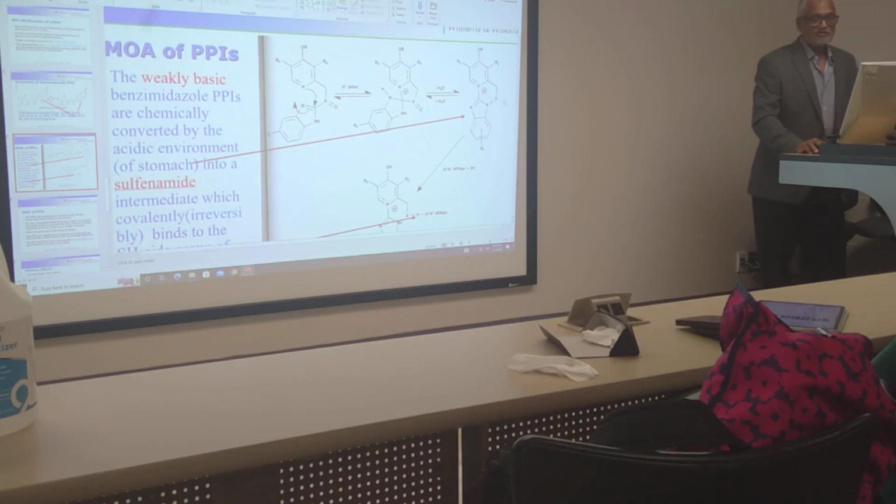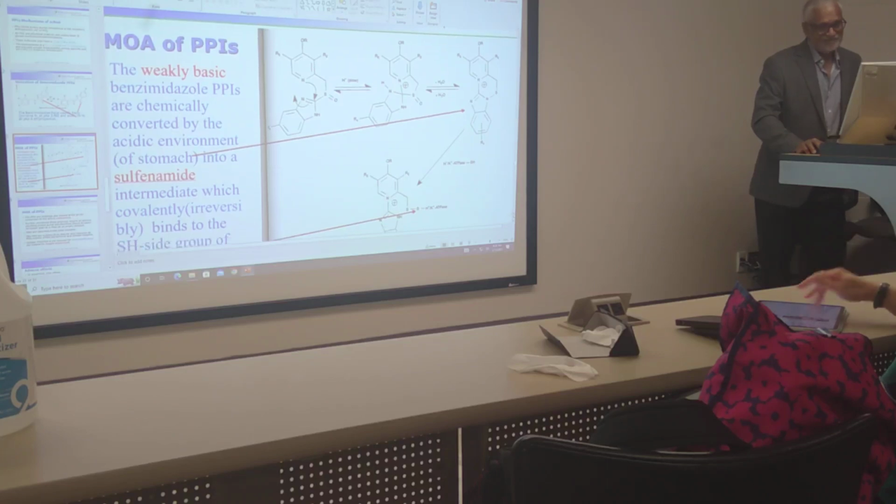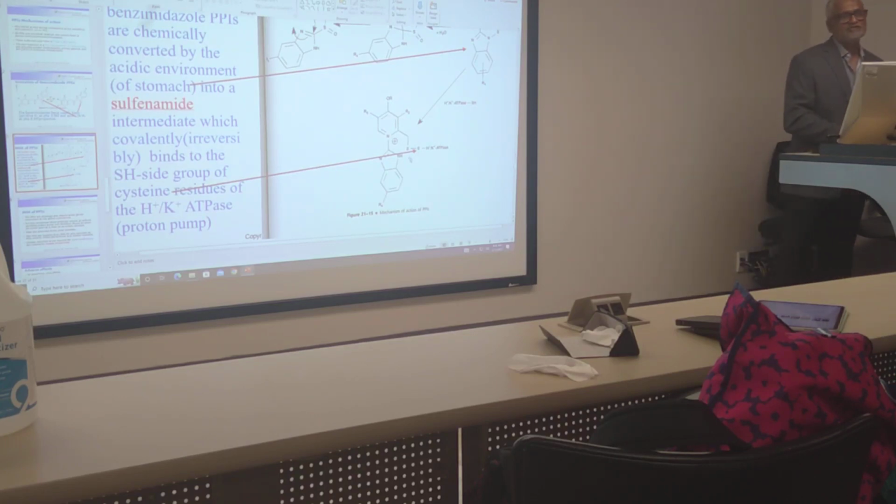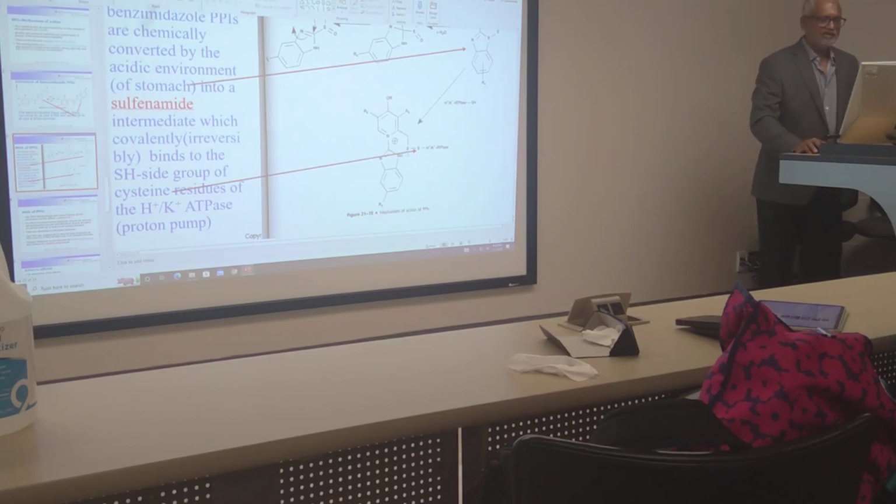If that happens, the sulfur atom containing sulfenamide can bind covalently with the cysteine SH group of the enzyme, making a covalent bond. That way it will stay there covalently.